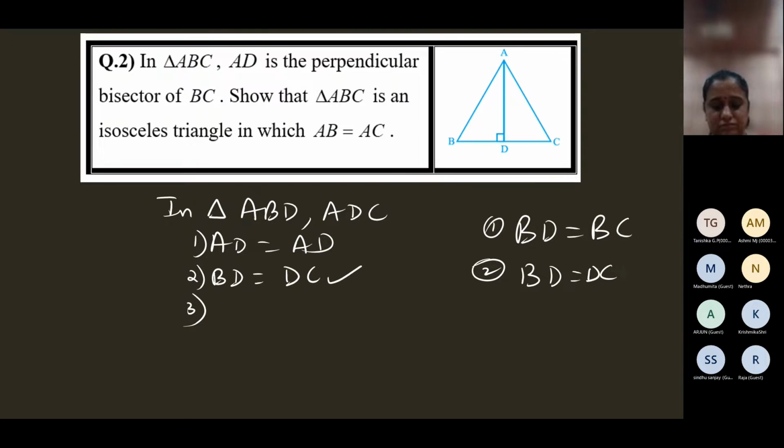One more thing. Angle 1 is equal to angle 2, ma'am, which is 90 degrees. Which is angle 1? Which is angle 2? Name the angle. ADB, ma'am, that 90-degree angle. Okay, you're saying this one is angle 1.